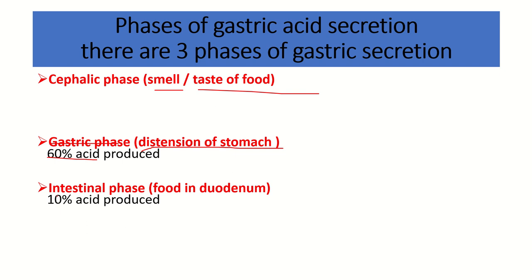Third and final is the intestinal phase, when food is in the duodenum, and some hydrochloric acid is also secreted.